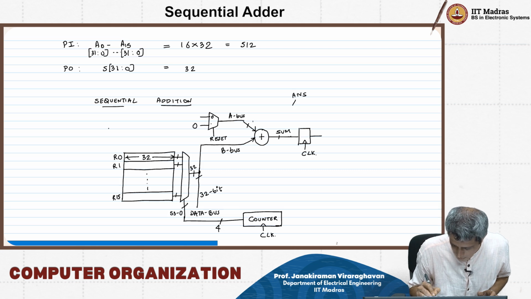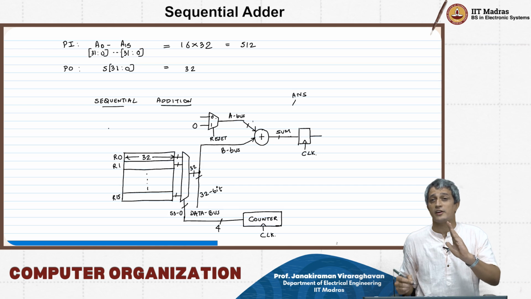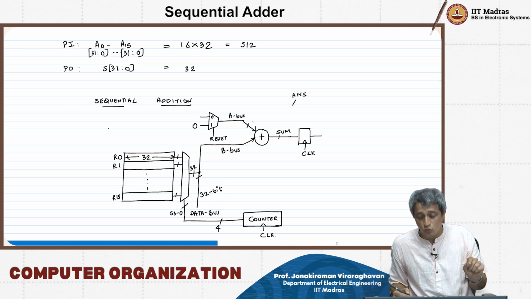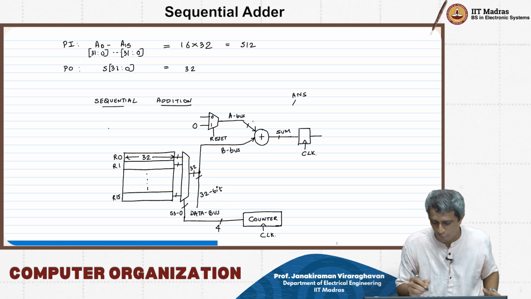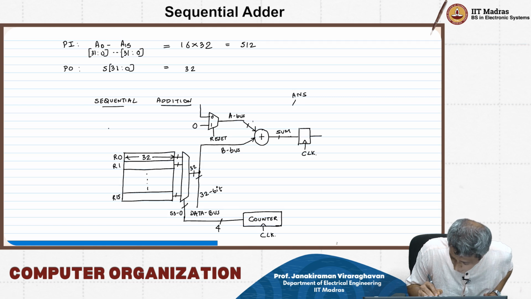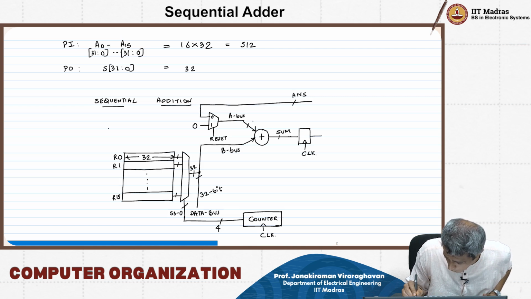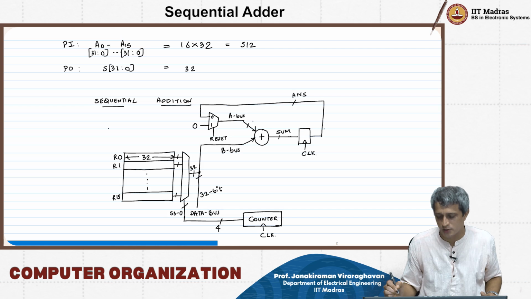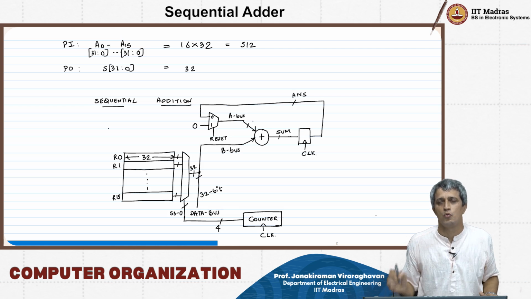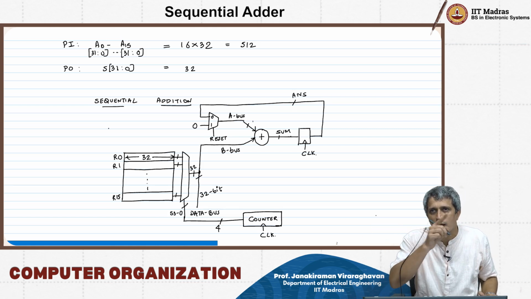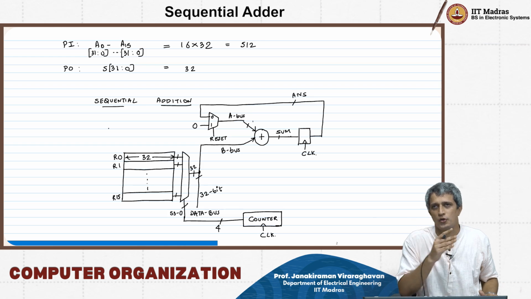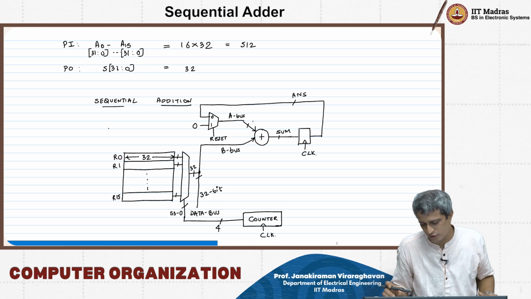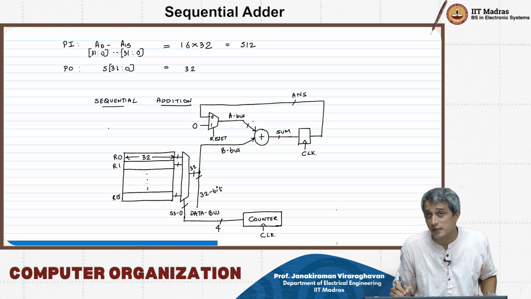This is 0 and this is 1. So whenever reset goes high, you want 0 to appear at the full adder input. Whenever reset is low, you want the sum to feed back into this multiplexer so that the partial sum can now be added to the next register. So where does this reset signal come from?